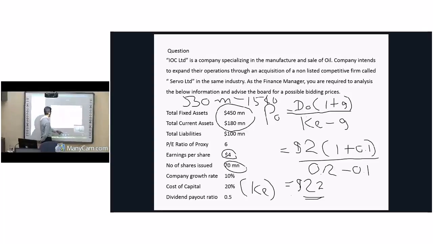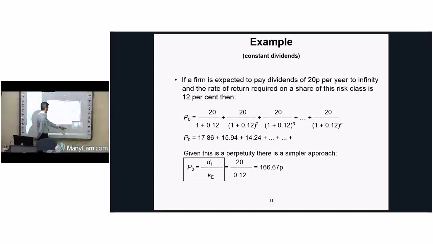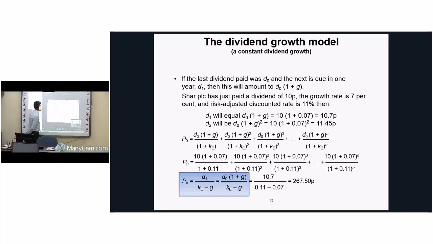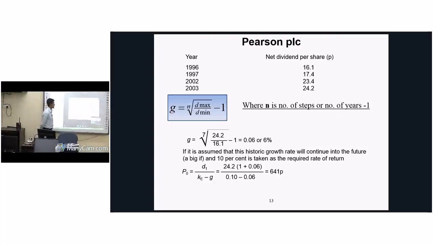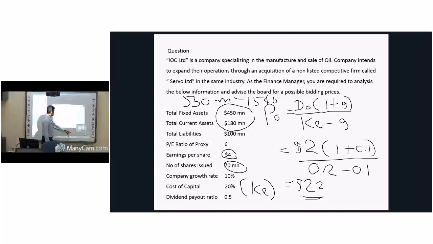Under the dividend growth model, we learned this. In the previous question, when it came to Pearson PLC, the growth rate can be arrived at by using this equation, where we take the highest dividends per share over the period, the lowest dividends per share over the period, and then we take the root of the number of years, we call this the number of steps, and minus 1. So let's apply the same to this question.